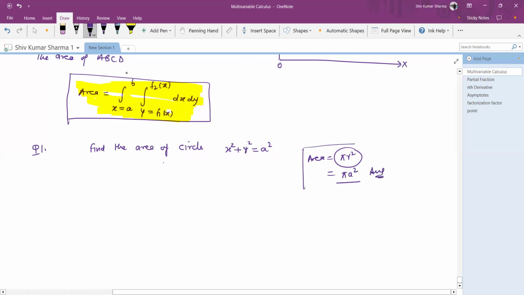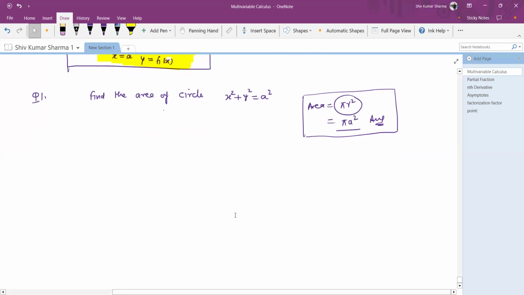Because we know the direct formula of area, the area of a circle is pi r square, where a is the radius of the circle. Now we need to draw the circle. So we have this quadrant, and now we draw the circle with radius a.